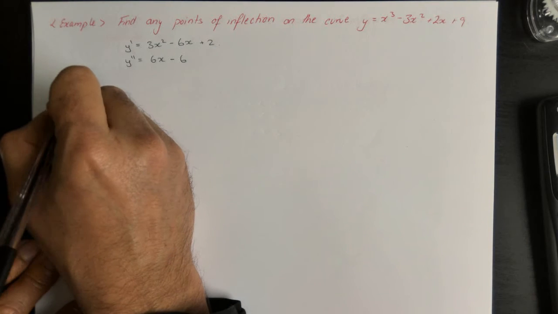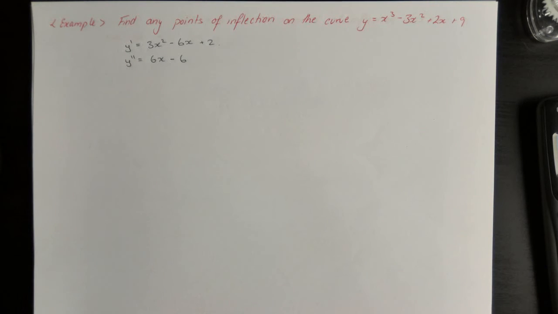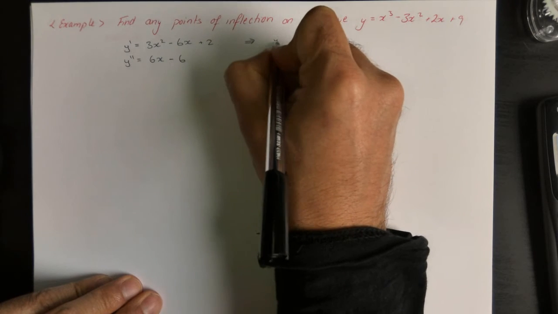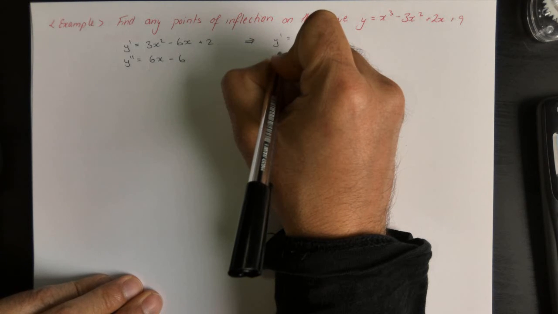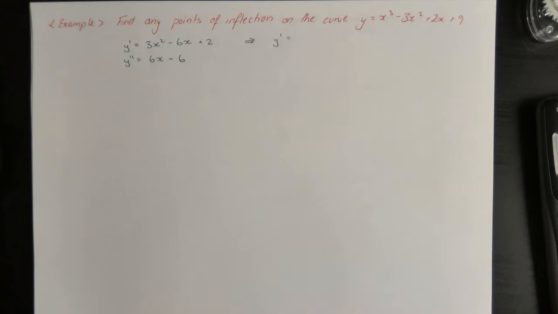So we want to find when the first derivative and the second derivative are 0.